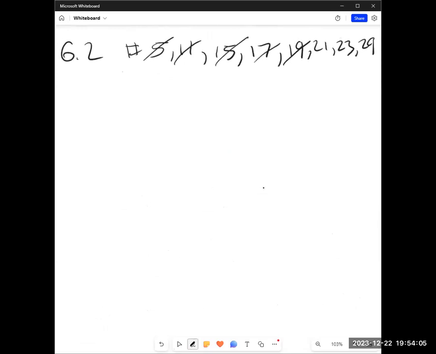We have A for the accumulated value is equal to P, which is the principal, times 1 plus R, the interest rate, over N, the number of payment cycles per year, to the NT. Again, N is the number of payment cycles per year, and T is the number of years.